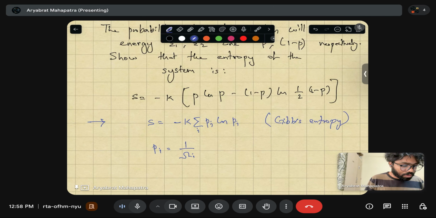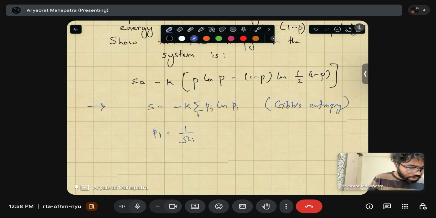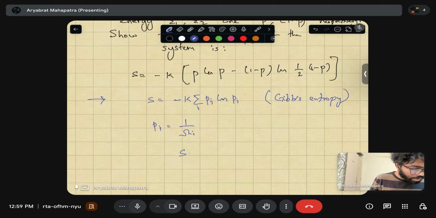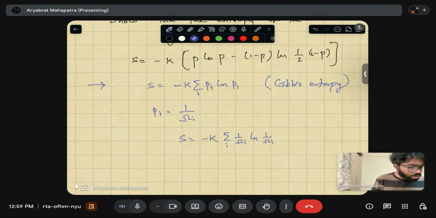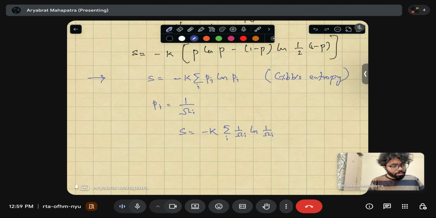From there you can show that this entropy is also minus k sum over i of 1 over omega i ln 1 over omega i. Since in Boltzmann entropy the microstates are equally probable, if you sum them all, the probabilities come out to be one.